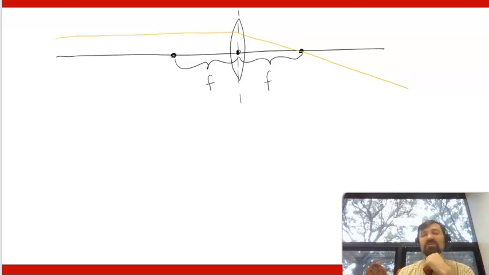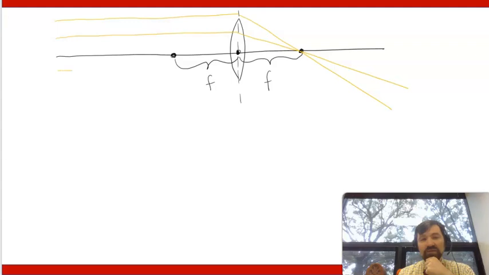And this right here is what we'd call a positive focal length lens, or a convex lens. So light enters on one side of the lens and then deflects to pass through the focal point on the other side.